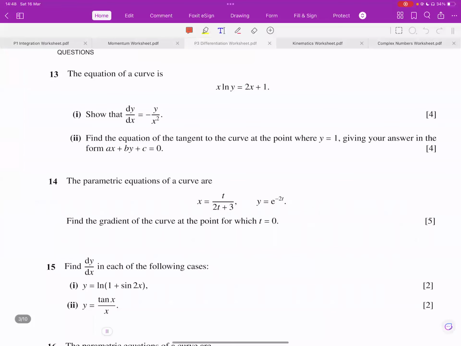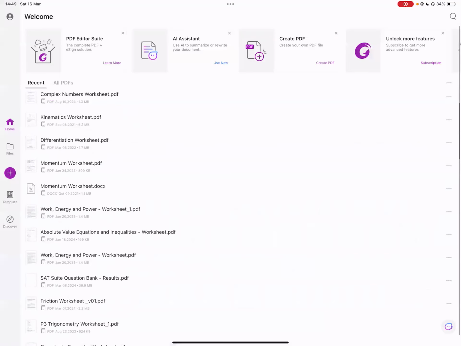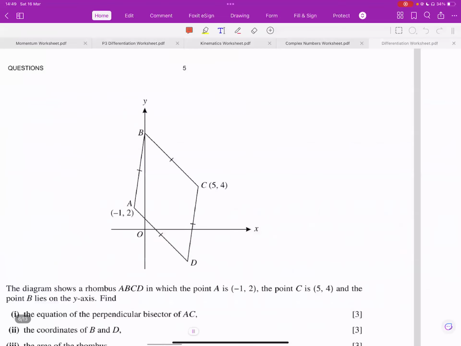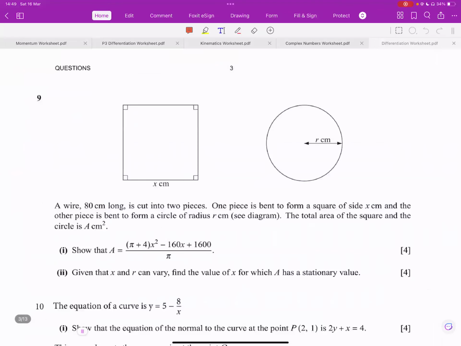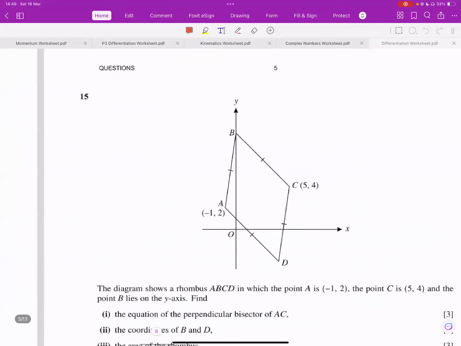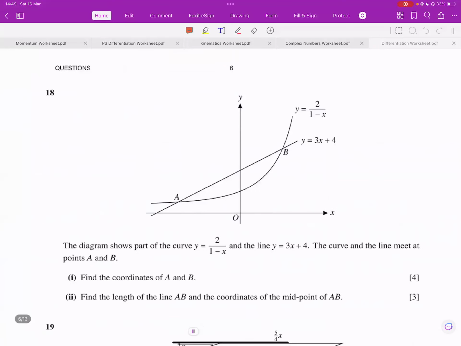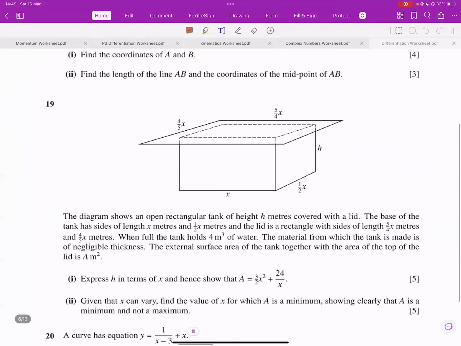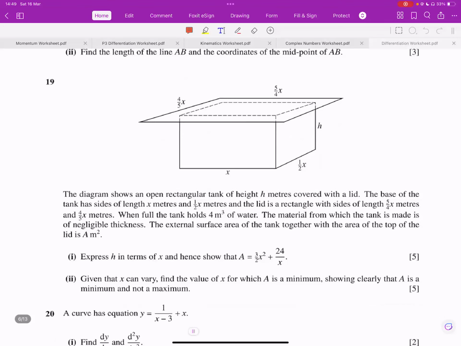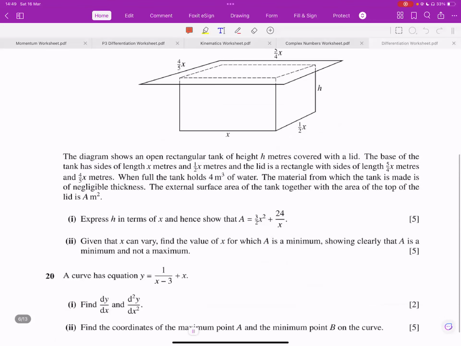Okay, so I can see some questions that you have asked. Let's quickly have a look at them and see how important those questions are in our discussion. Question number 9. Okay. Question number 19. Okay, so basically these are questions involving diagrams that you are kind of confused about. And I think the part that you're probably finding difficult is the first part where you have to prove something.